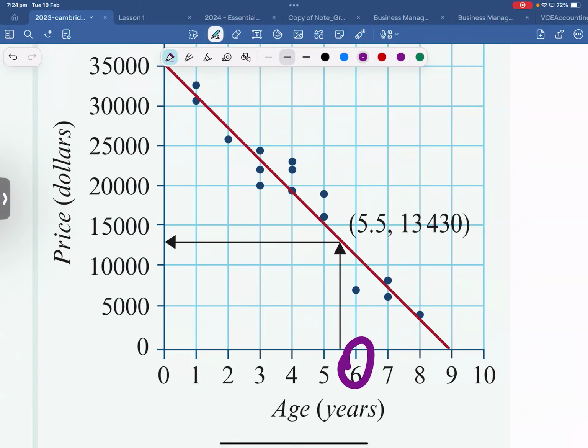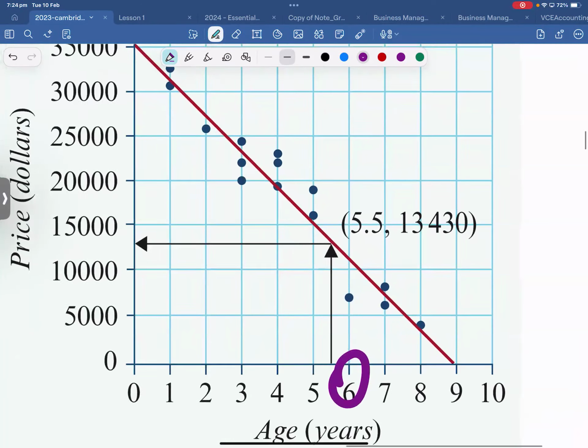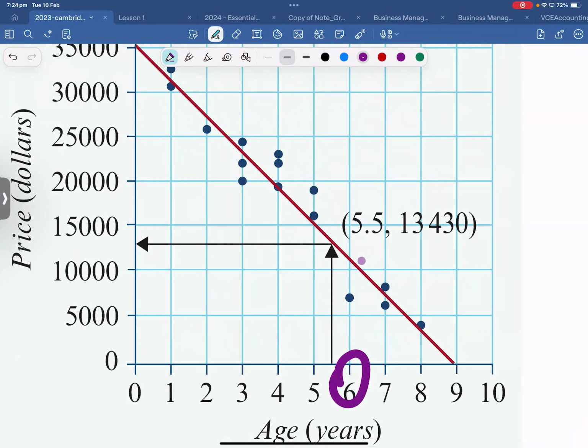Christian? Maha? 12,000? Maha, what do you think it is? Yeah, I would say 12,000 or maybe 11,000, right? So I'll take your answer is correct.